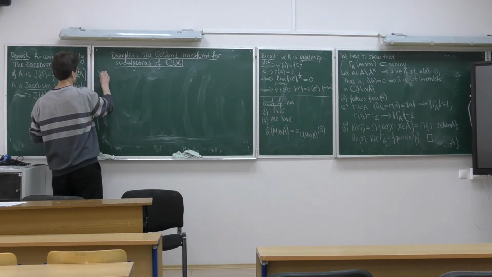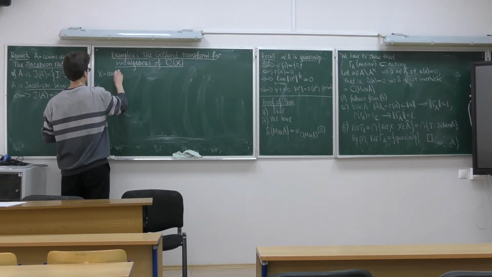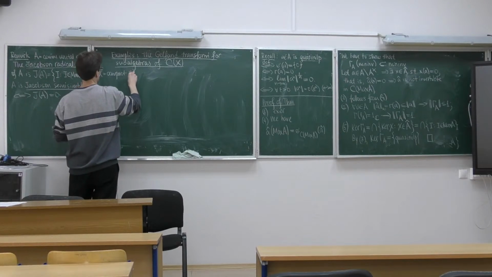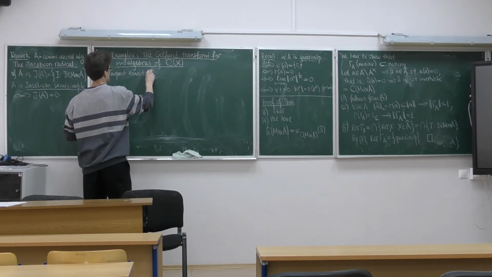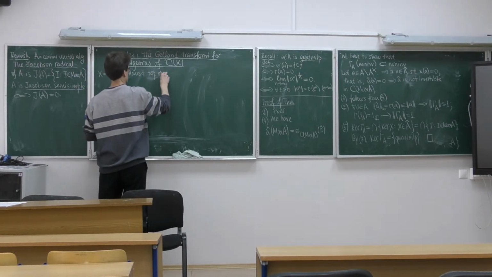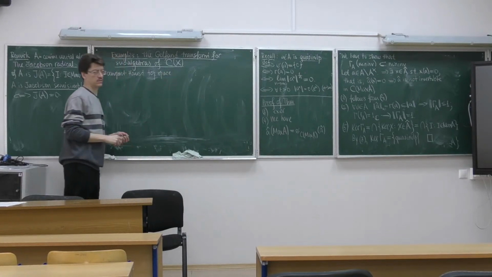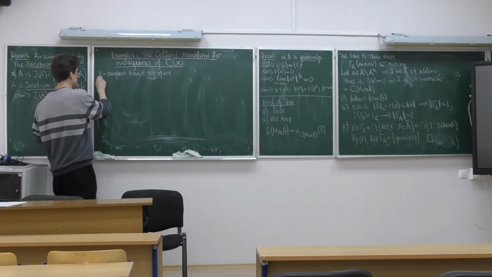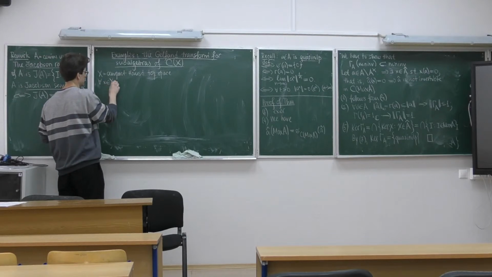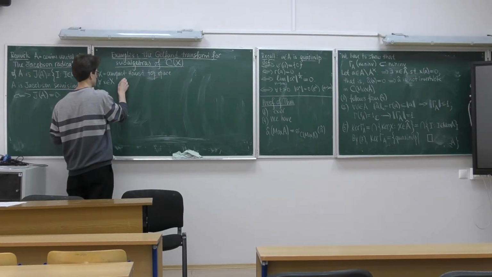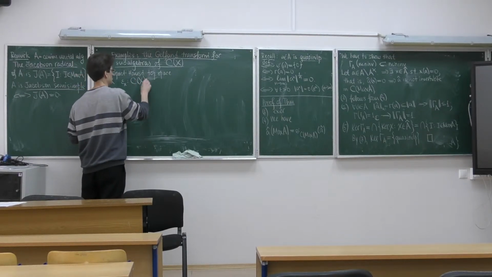Okay, so suppose that X is a compact Hausdorff topological space. And for each point x in our space, let epsilon_x denote the evaluation character of C(X).